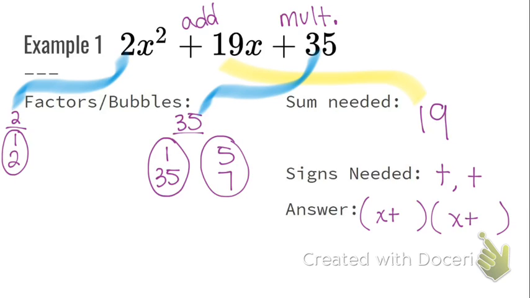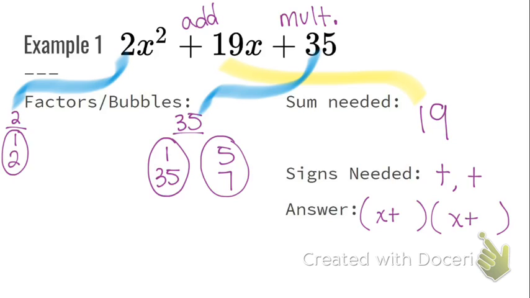Okay, we need the pair of those that's going to, when we multiply it to our other bubble for 2, end up with a sum of 19. I would recommend starting with the 5 and 7, just because with 1 and 35, if I multiply 35 by 1 or 2, I'm already going to be bigger than 19.